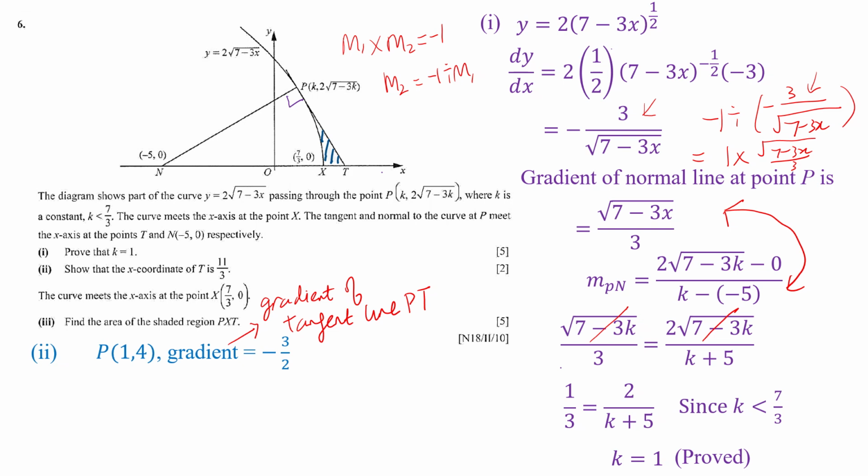Okay, so what's the next thing we need to do? We're asked to show that the x coordinate of T is 11 over 3. So we're asked to find the x coordinate of point T. To do that, we need to find the equation of the line PT. That's why we need a point and we need the gradient.